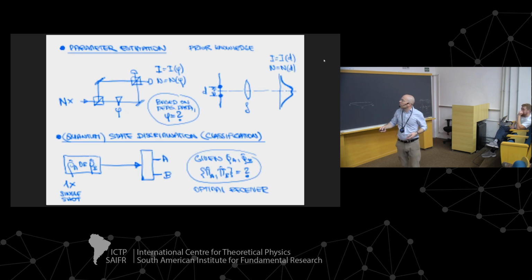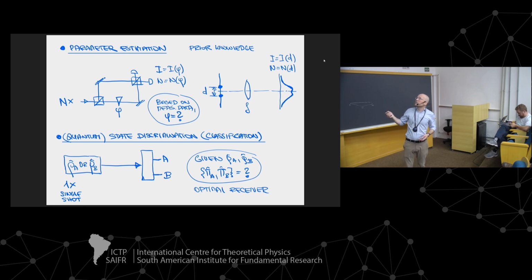When I showed you these two examples for parameter estimation, something which is more known in quantum optics, like estimation of the phase, the second example was really an imaging case.